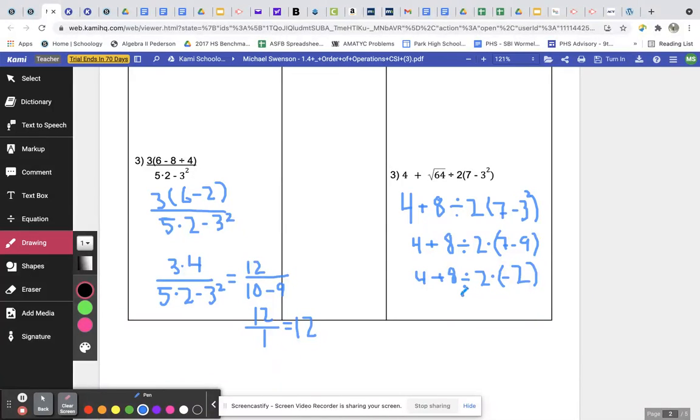Dividing is going to come first. 8 divided by 2 is 4 times a negative 2. Write it out as such. This is 4 plus 4 times negative 2. 4 times negative 2 is a negative 8. And 4 plus a negative 8 is a negative 4.